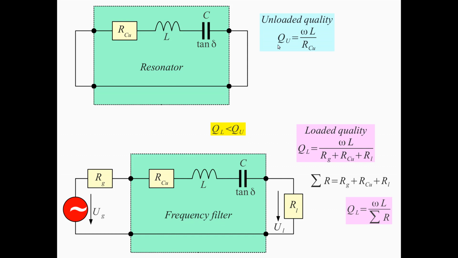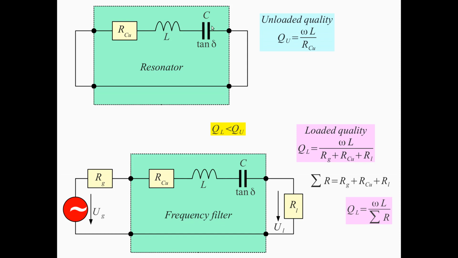The unloaded Q is where we short both ports of this two-port device. So all the losses are represented by the losses in the inductor, and maybe some small loss in the loss tangent of the dielectric of the capacitor, but this is usually much smaller than the losses in the inductor.